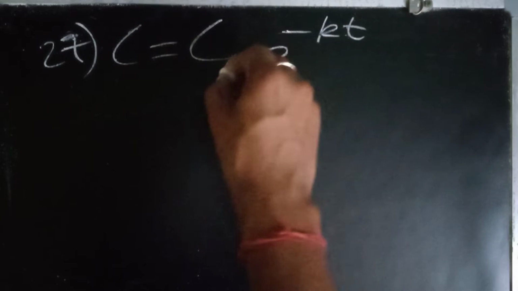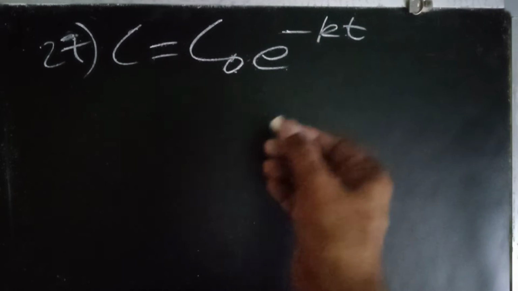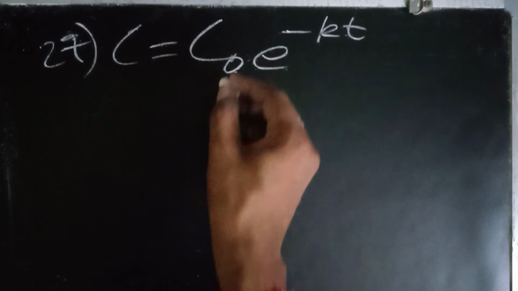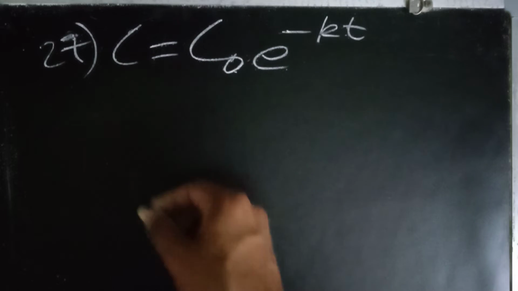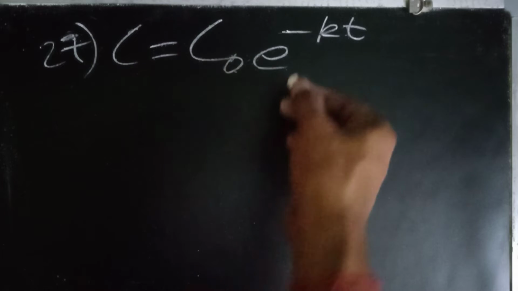Next question 27. Let me increase the speed, I guess, because we have to cover it as quickly as possible. So the next question was very simple. We know C is equal to C naught e to the power minus kt. The question asked what will be the concentration at time equal to 0.